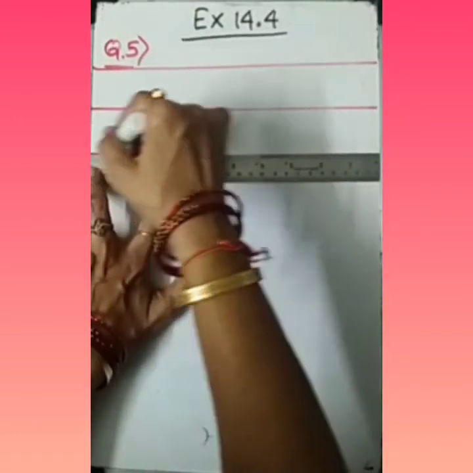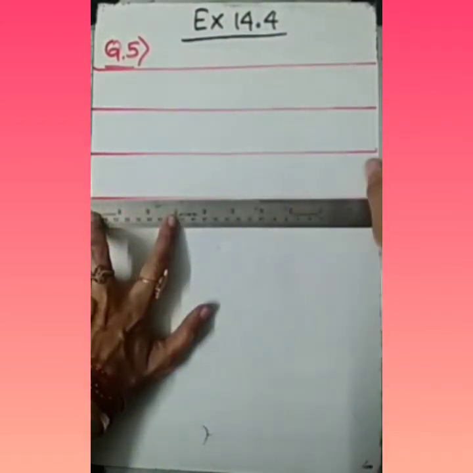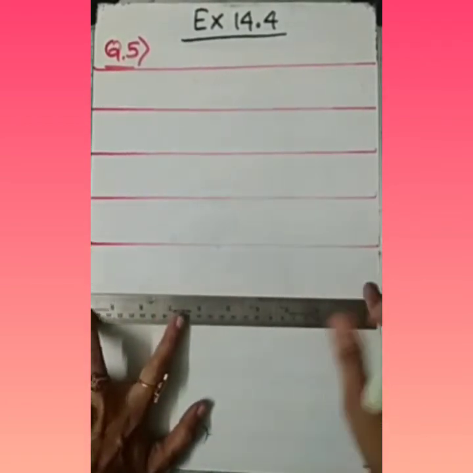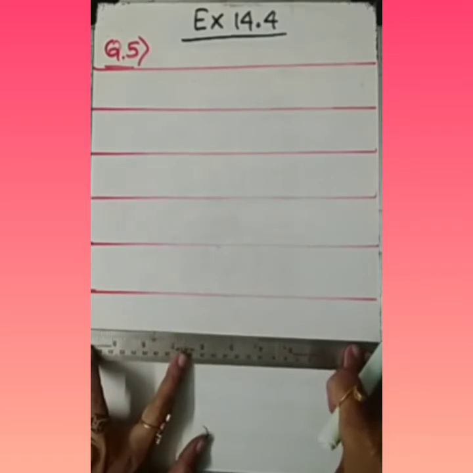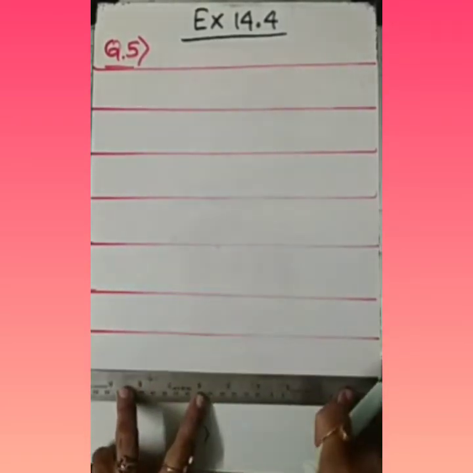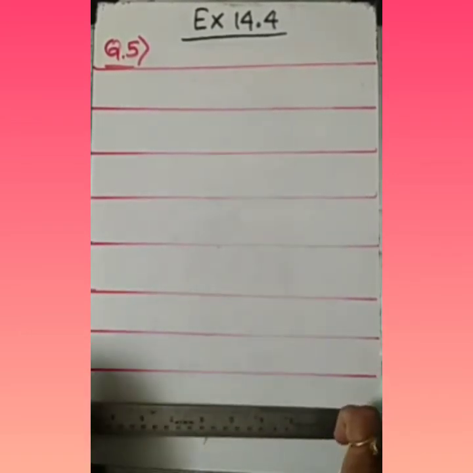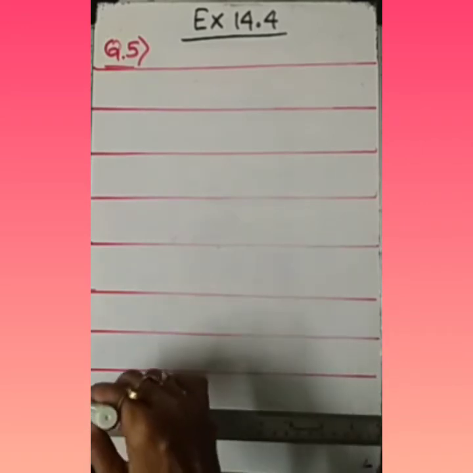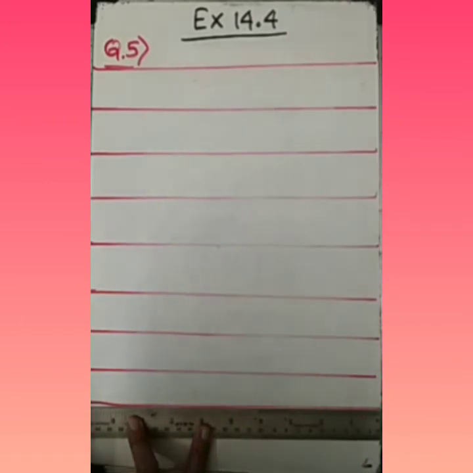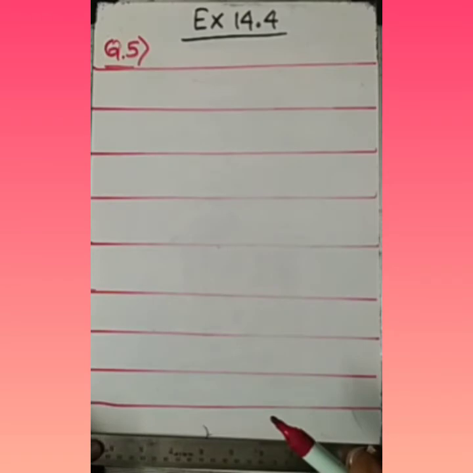So let me note down 1, 2, 3, 4, 5, 6, 7 and 8. And one extra row for the total is also needed. So one extra I am having here, that is for the total.